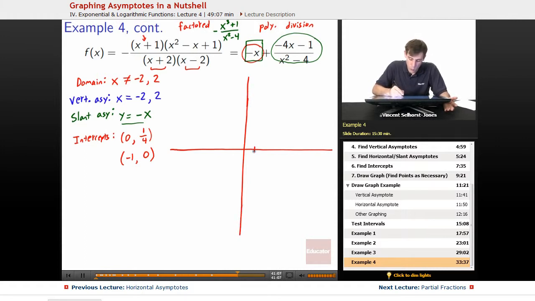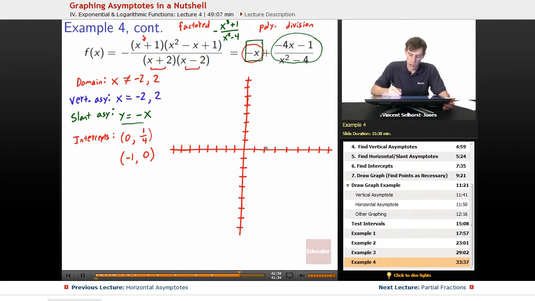Okay, so I'm drawing the grid, counting 1, 2, 3, 4, 5, 6, 7, 8 along each axis.